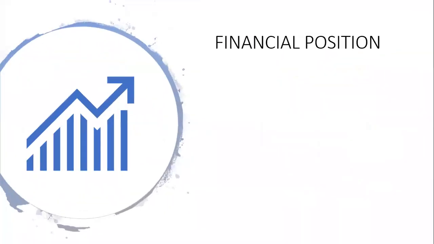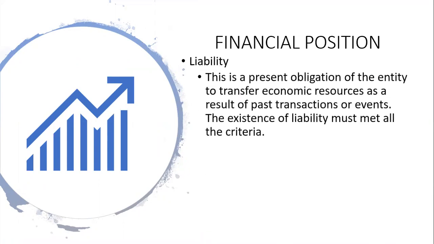Financial position, the next one is the liability. When we say liability, it is a present obligation of the entity to transfer economic resources as a result of past transactions or events. The existence of a liability must meet all the criteria.